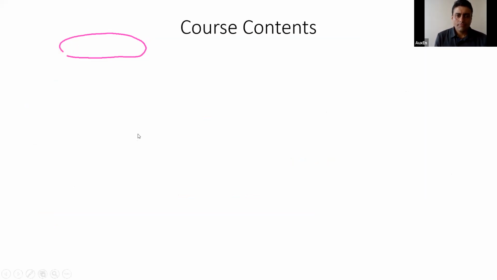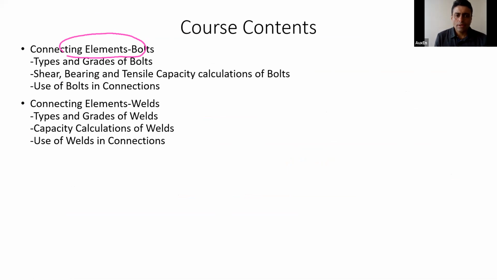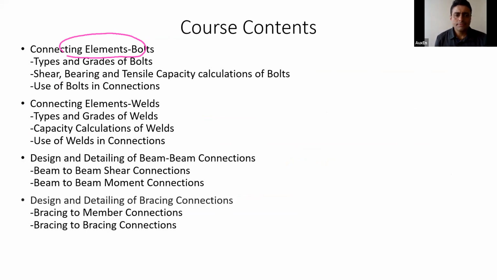Okay, quickly just reviewing the course contents. Even though we had discussed it in the introductory session, still once again going through it quickly, we will be starting with the connecting elements. As I just said, we'll be starting with bolts, type and grade of bolts, capacity calculations, use of bolts in connections.